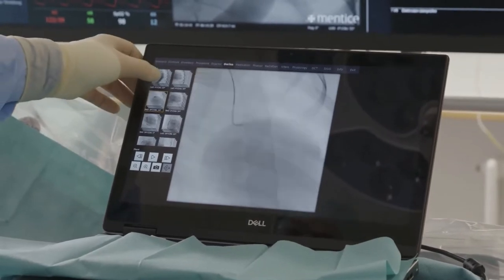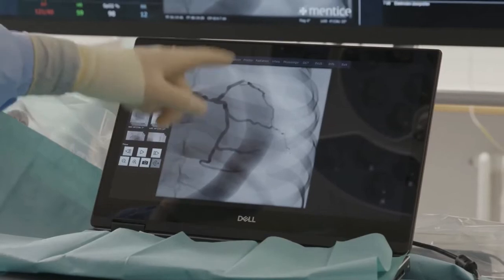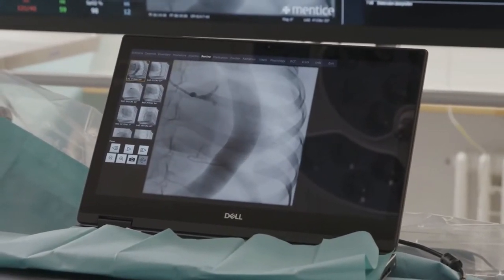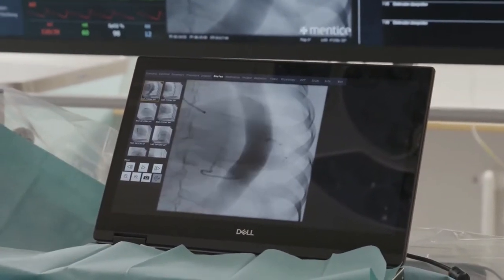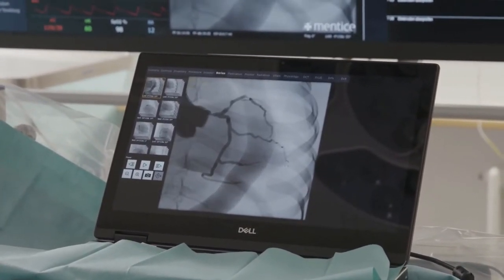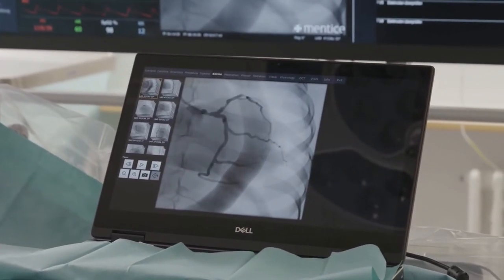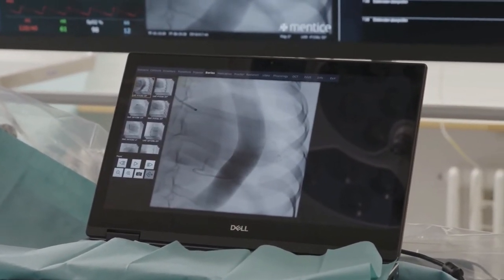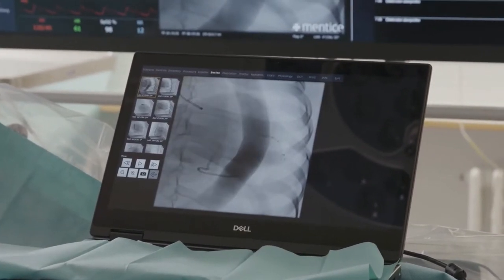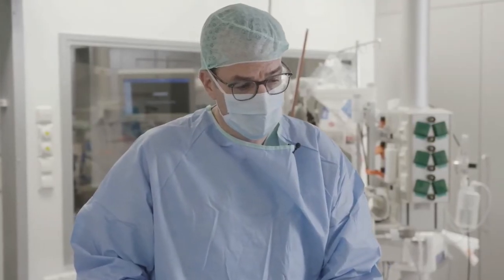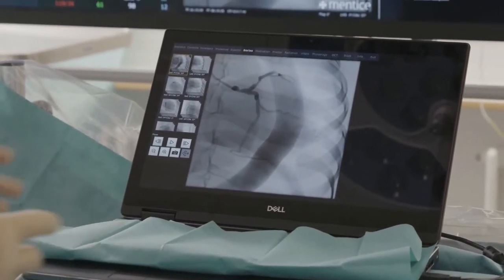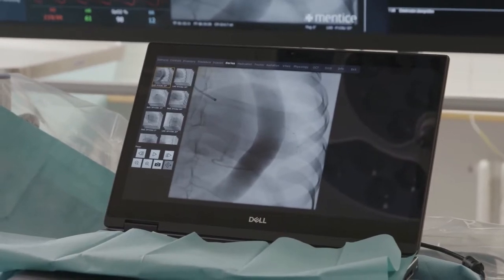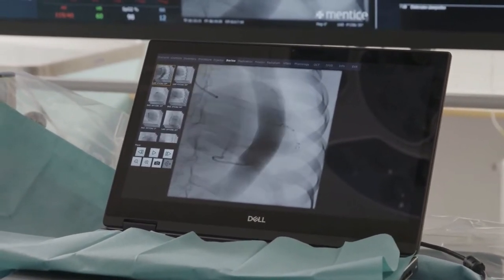If we go to the caudal view, you may appreciate the stenosis in the left main, as well as the proximal part, which is, I guess, severely affected, so that we might have to treat this lesion. The question is also whether the circ is diseased in the ostial part. From this caudal view, we do not think that we need to address the ostial circ.